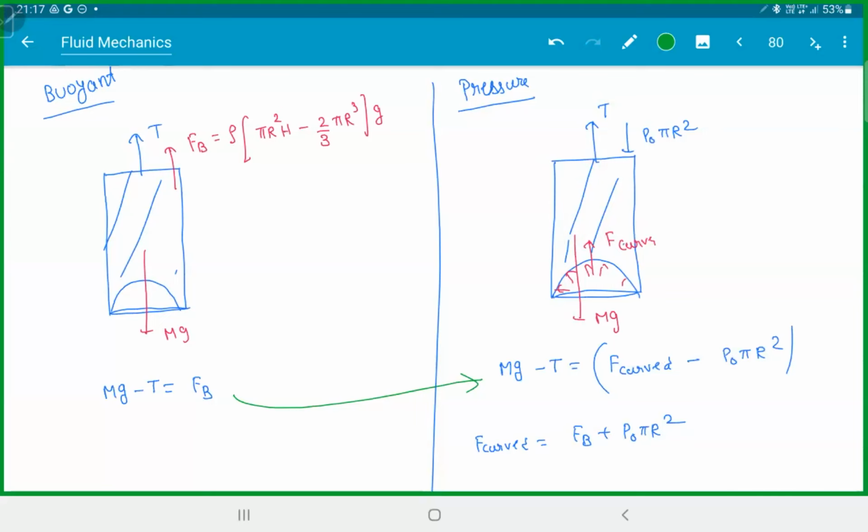This is how you do cavity problems. Let them give any type of hole at the bottom. You just draw the buoyant force and pressure and you finish it off. Clear? Try.